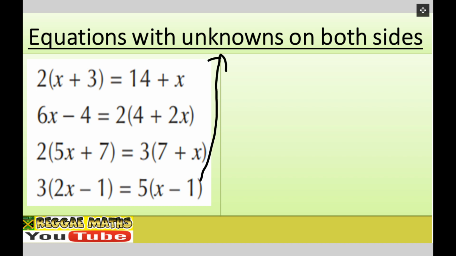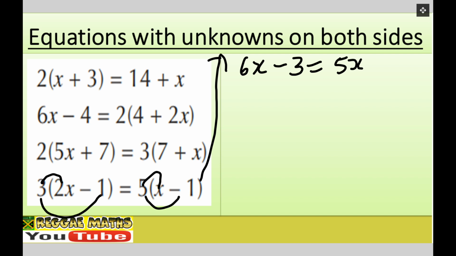Okay, so now we got 3 times 2x, that's 6x. 3 times minus 1 is minus 3 equals to 5 times x is 5x. 5 times minus 1 is minus 5. Going through the process, add 3 to both sides.